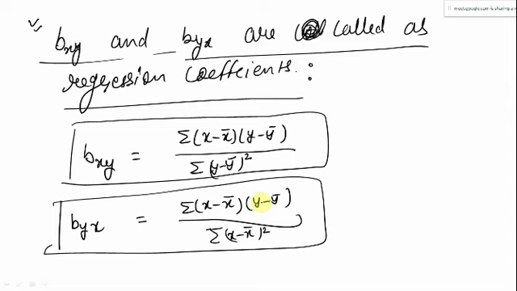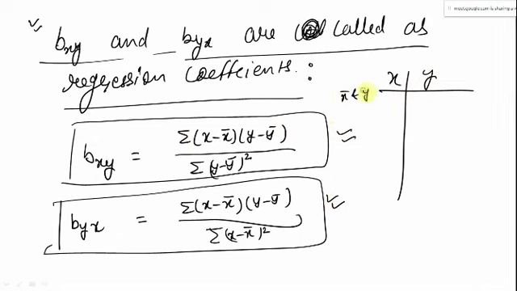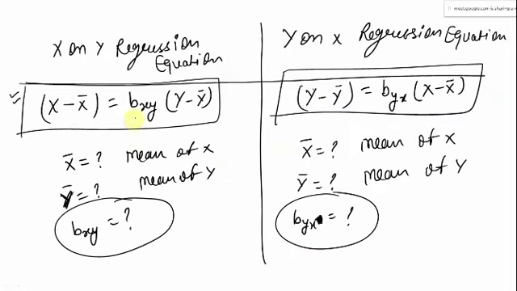Okay. So what we'll be doing, we'll be given the question like in the same manner like correlation. We'll be calculating bxy and byx with the help of x bar and y bar, putting the values, and we'll be getting bxy and byx. We'll be putting bxy into this, x bar over here and y bar over here, simplifying it and taking it in terms of x is equal to something plus y term.